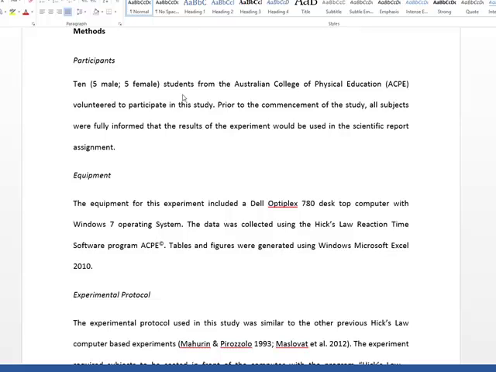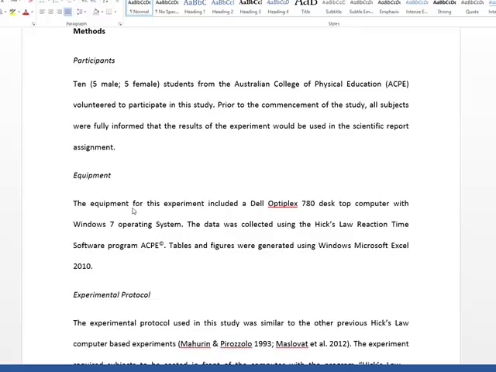All you're trying to do, you might put some average ages in there, you might describe weight or height or anything. What you're trying to do is establish people that you used in this study with comparison to the literature, which is what we're going to do later. If you did the same experiment and you got different results, maybe it's the people you used. So the idea here is that we're explaining who we used.